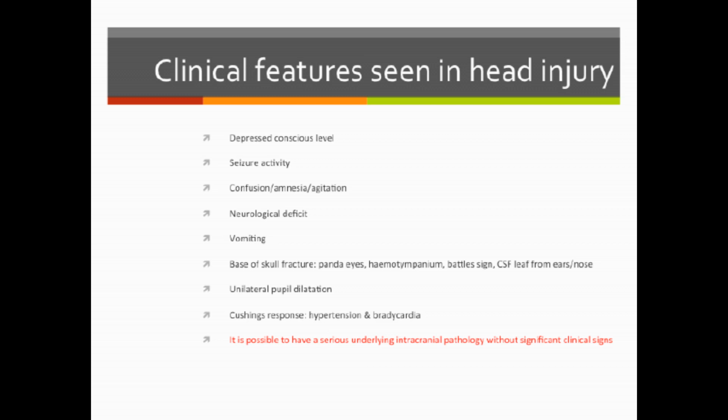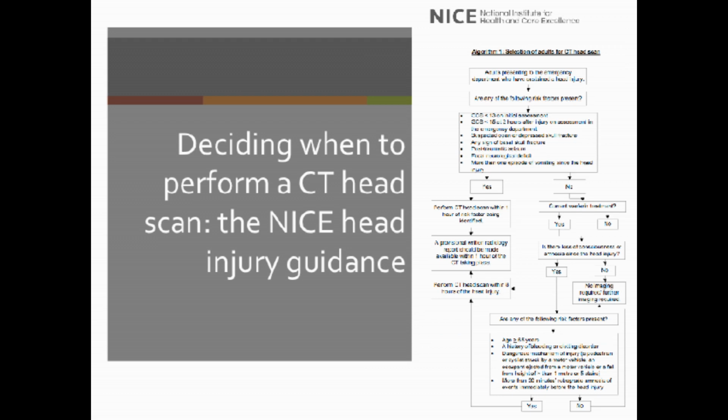So the majority of head injury patients that we see will be fully alert and will not have an intracranial bleed. But it's just important to be careful with your clinical assessment, and be aware that your patient in front of you who is fully alert and fully orientated and has a normal neurological exam can still have a serious underlying intracranial bleed. So how do we decide when to perform a CT head scan?